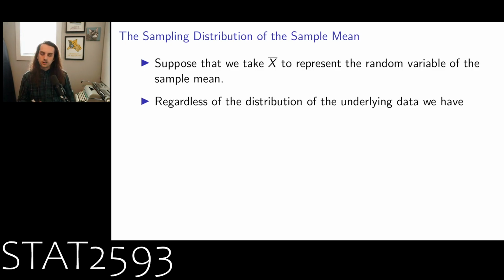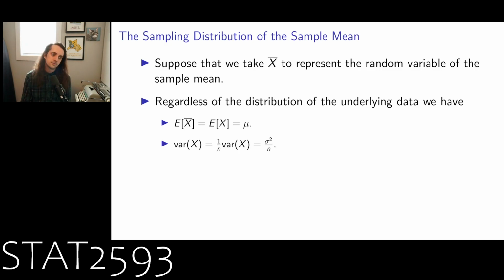Now, regardless of the true distribution, the following are going to always hold. The expected value of X bar is always going to be the expected value of X, which we can just call mu, right? And we've seen this before.